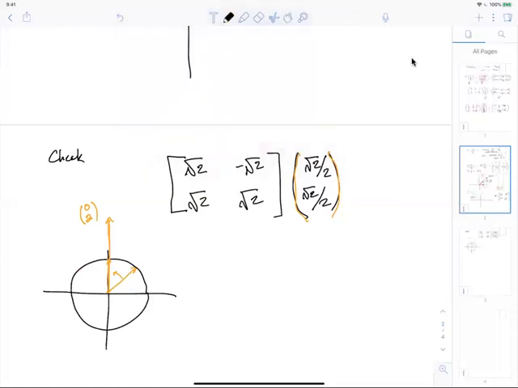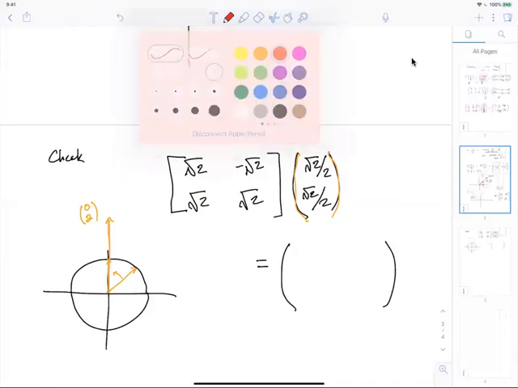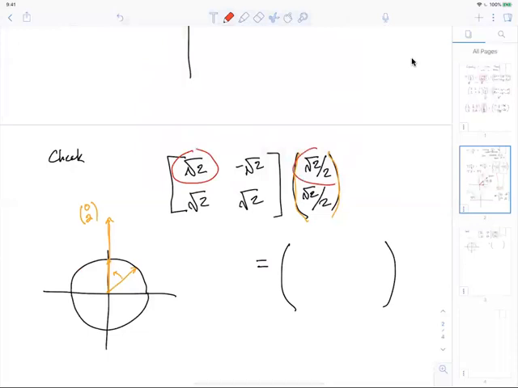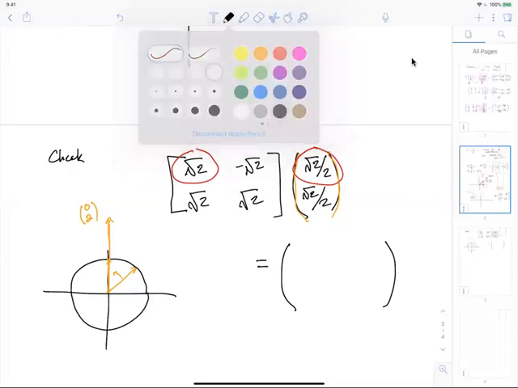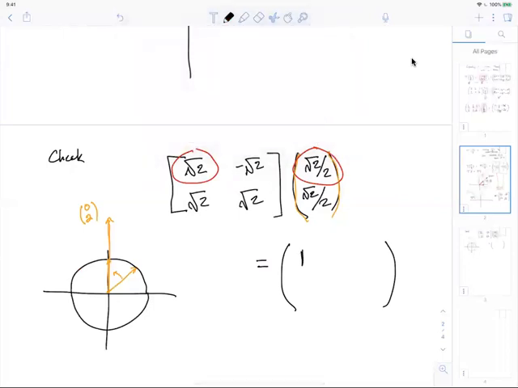So let's see if that actually happens. So let's do some matrix multiplication. What do we get? So the first one, keep in mind we're going to take the first entry times that one. So that's square root of 2 times square root of 2 over 2. So that ends up being a 1. These guys become 2, and then we divide, and we're going to get a 1.